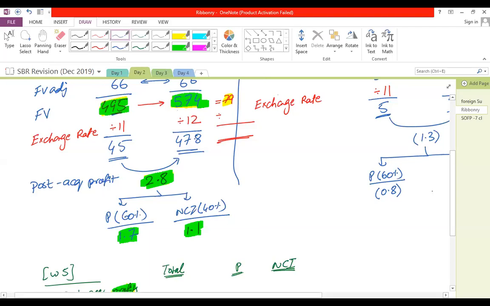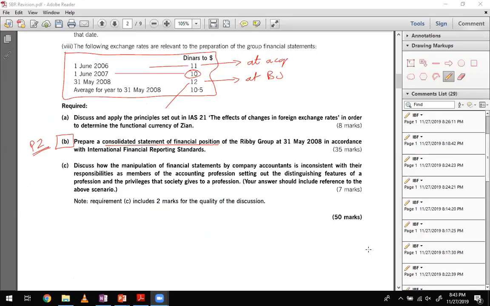Okay, so yes, we are back now, and I hope you can see the screen back. So we were discussing that we need to check the average rate from the question. If I go back to the question, the average rate given in the question was 10.5.